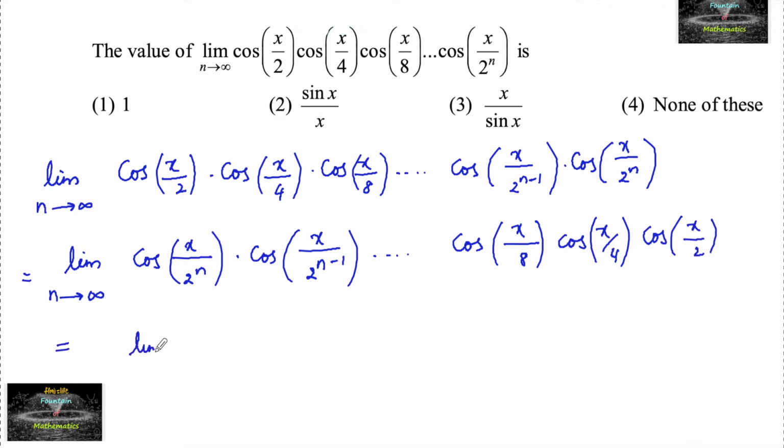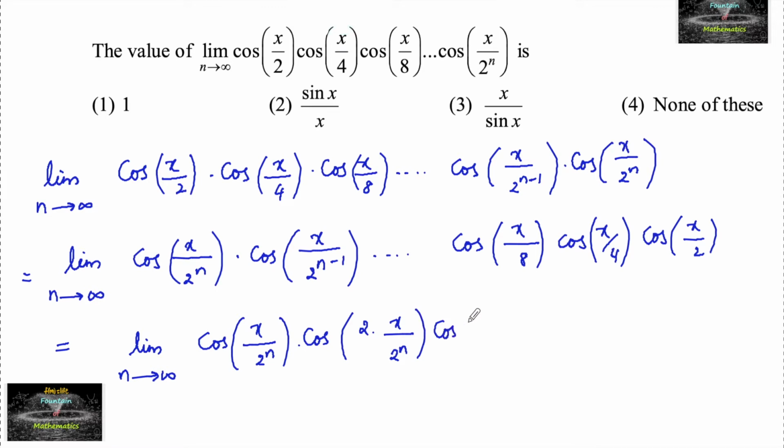Which is equal to limit n tends to infinity cos of x upon 2 power n, cos of 2 times of x upon 2 power n into cos 4 times of x upon 2 power n and so on. We can write it up to the last term cos 2 to the power of n minus 1 into x upon 2 to the power of n.